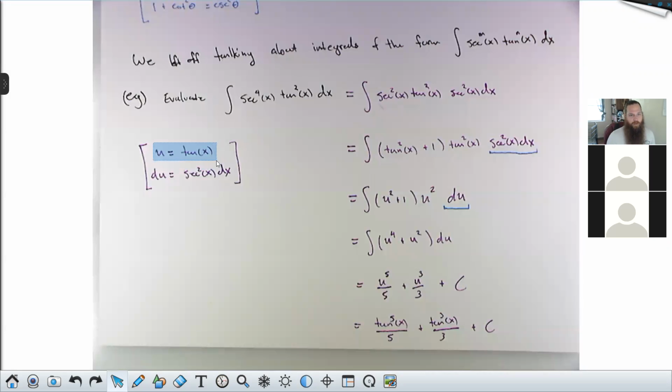We need everything in terms of tangent because that's our u. So there's nothing magical going on here. It really is just regular old U sub. But we're using trig identities and we're kind of thinking ahead a little bit. And so the thing that told me to sub for a tangent, even power of secant. Other questions or comments on this one?